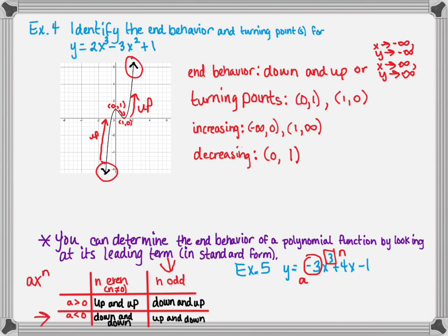It's negative. So we're looking for the cell that's the intersection of that row and that column. That means this function has end behavior up and down. So y equals negative 3x cubed plus 4x minus 1 has a graph that points up on the left and down on the right.